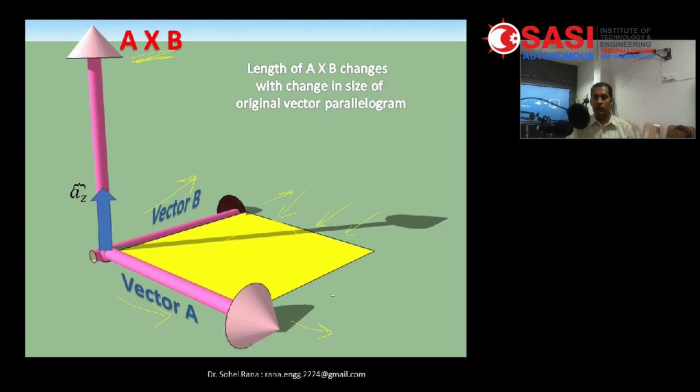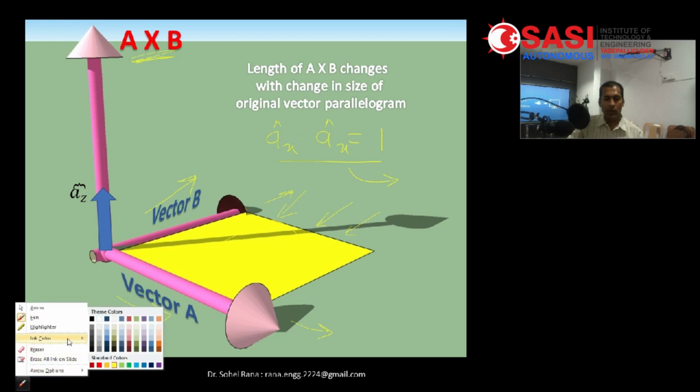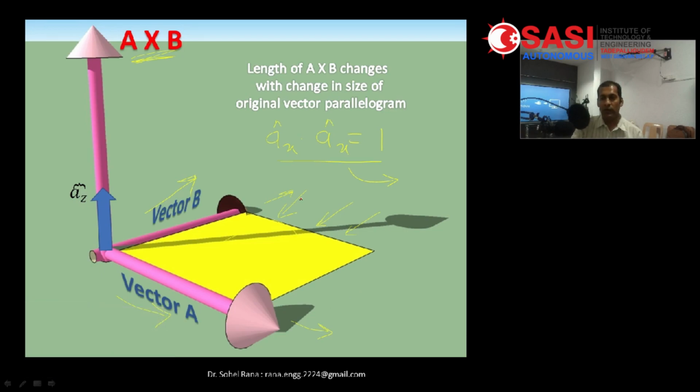Now if we talk about the cross product of the unit directions, we will compare the dot product and the cross product. Earlier we have seen that ax cap dot ax cap, for similar directions, gave the answer 1. Now what is the difference with the cross product? The cross product will be opposite to this. If we take the cross product of similar directions, it will become 0.